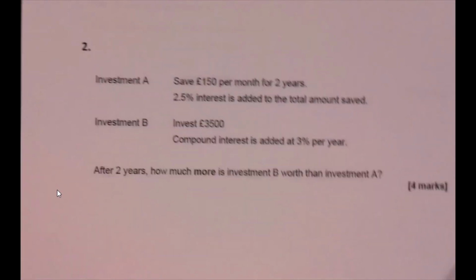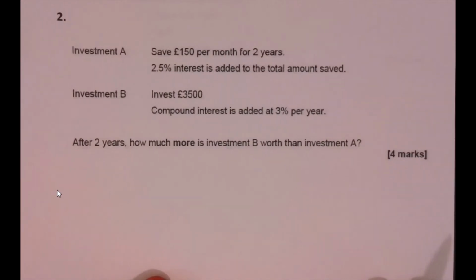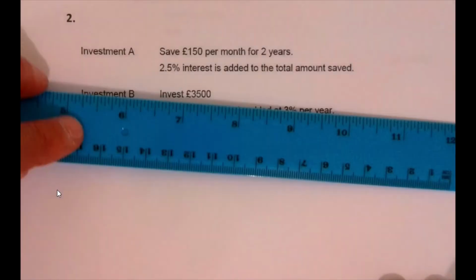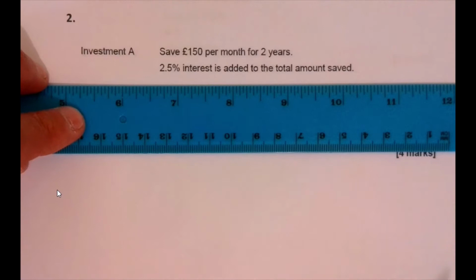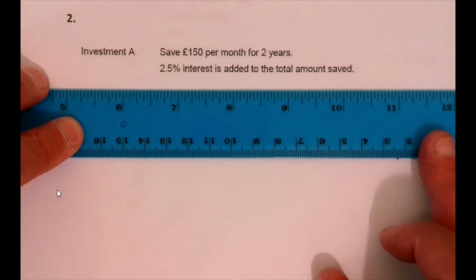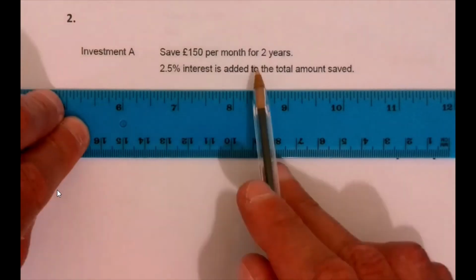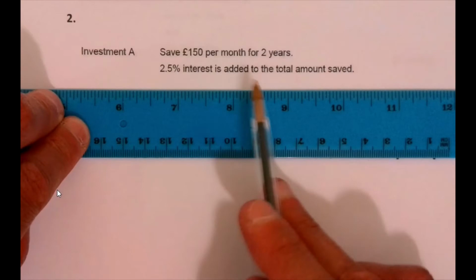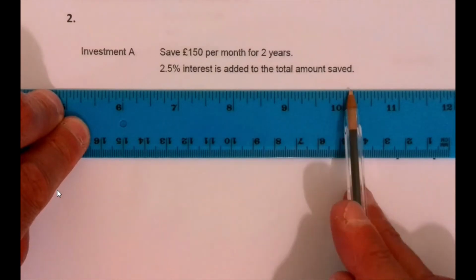Okay, my second question. Again, just think of this as two separate questions, and don't be worried about it. It says save £150 a month for 2 years, and 2.5% interest is added to the total amount saved.